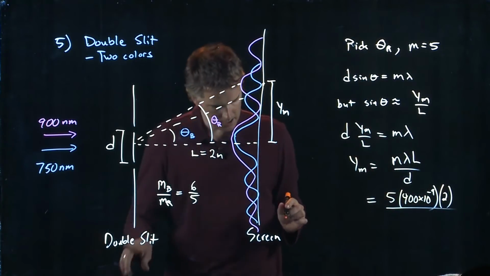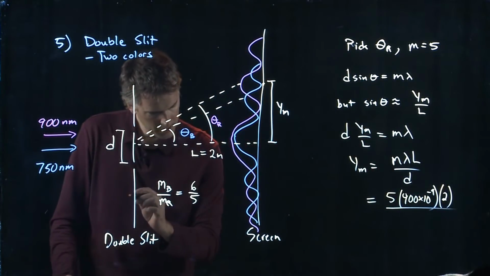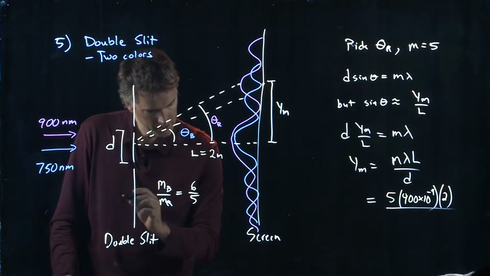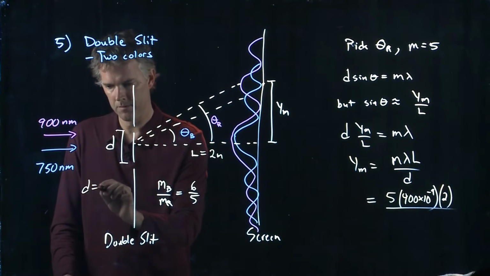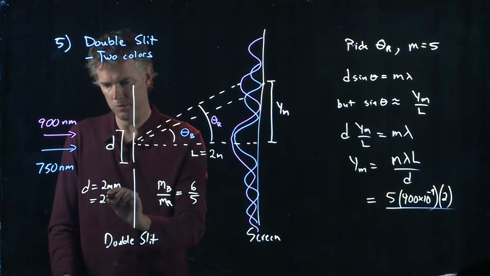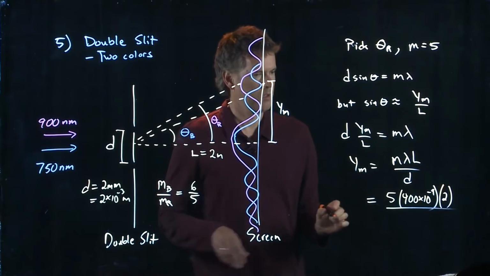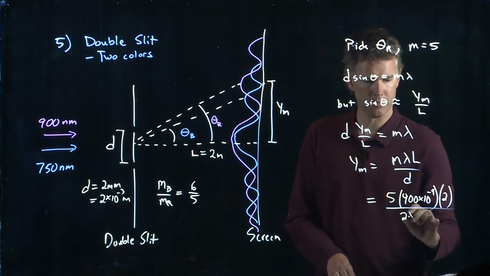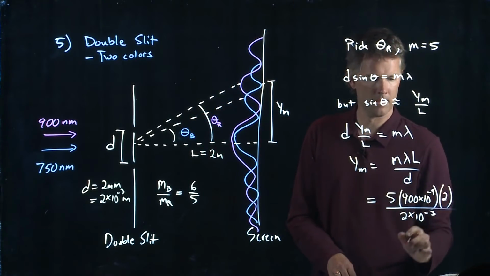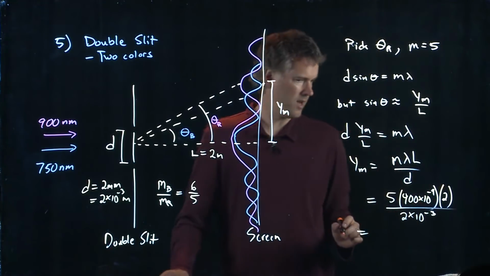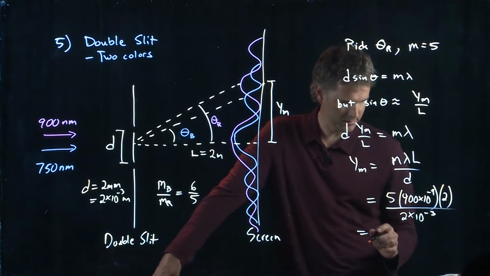And then D, they also gave us D. D was 2 millimeters, which is 2 times 10 to the minus 3 meters. And so we can put that down here, 2 times 10 to the minus 3. And now I don't even think we need a calculator for this, right?